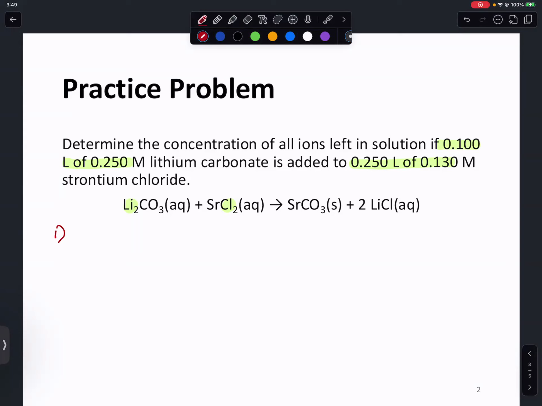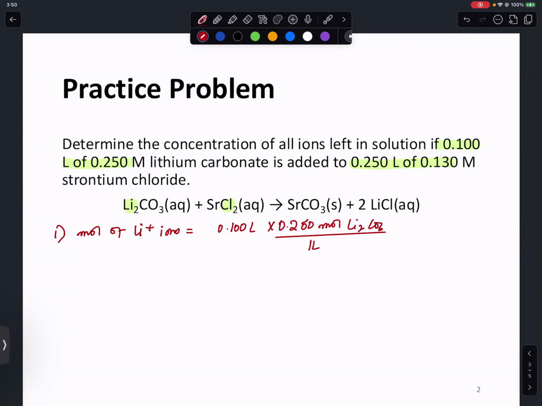I can first start with calculating the moles of lithium ions, which should be 0.100 liters times 0.250 molar, or moles of lithium carbonate over 1 liter.